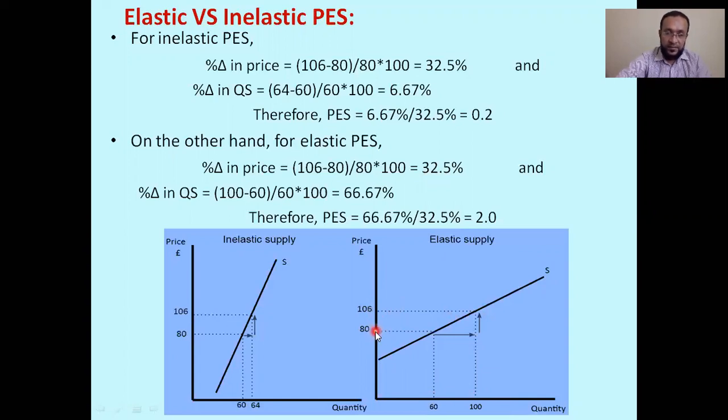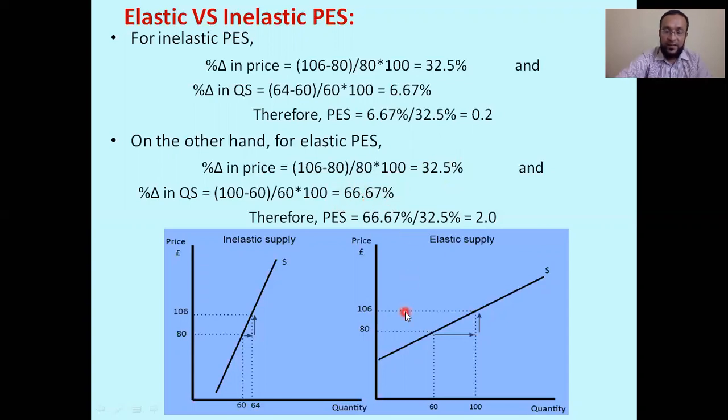But the increase in supply from 60 to 100 is 66.6%.